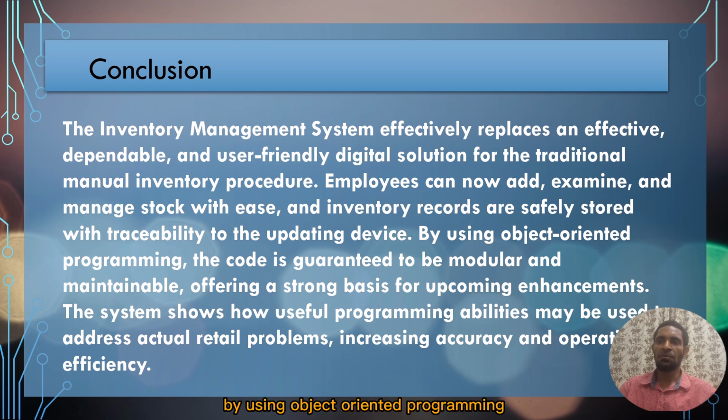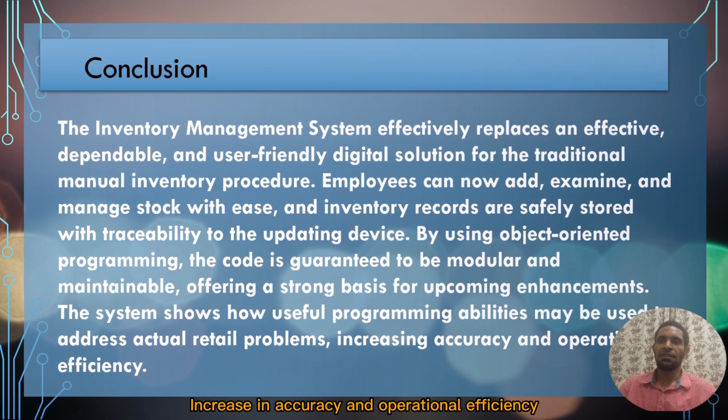By using object-oriented programming, the code is guaranteed to be modular and maintainable, offering a strong basis for upcoming enhancements. The system shows how programming abilities may be used to address actual retail problems, increasing accuracy and operational efficiency.